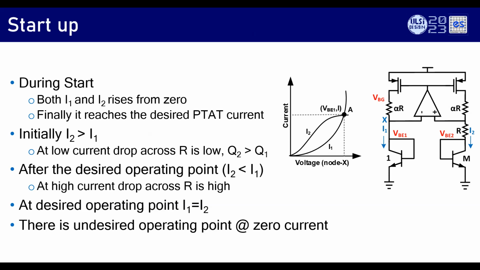Because of the resistor, you have a low voltage drop across R. After the desired operating point, you will see that the voltage drop across the resistor is high. At the desired operating point, you will see I1 equal to I2. So this is what we will be using for designing the startup circuit. The aim is that somehow we need to push the circuit out of the undesired operating point at 0 current. We just use this intuition in order to design the startup circuit.